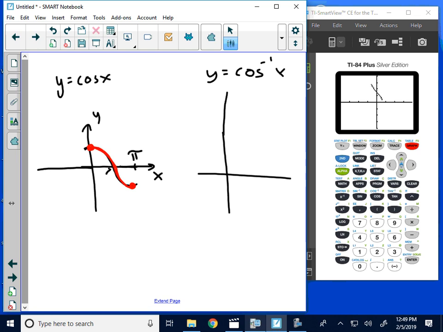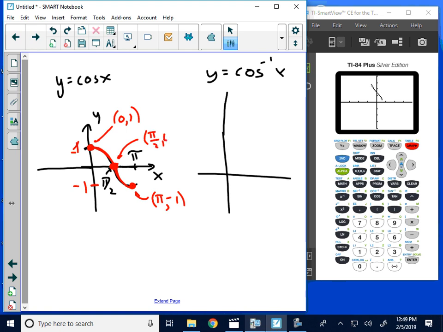This one is pi over 2. If we wanted ordered pairs, this ordered pair would be pi comma negative 1. We know this wave goes down to negative 1. This ordered pair is 0, 1. And the 0 of this cosine function, this ordered pair where it crosses the x-axis, would be pi over 2 and 0.